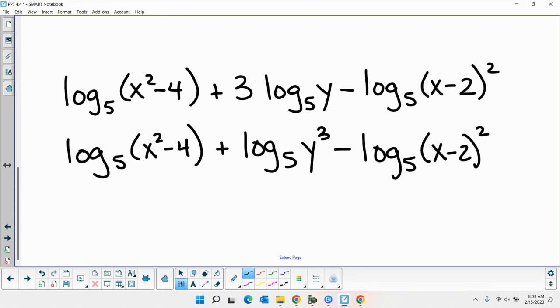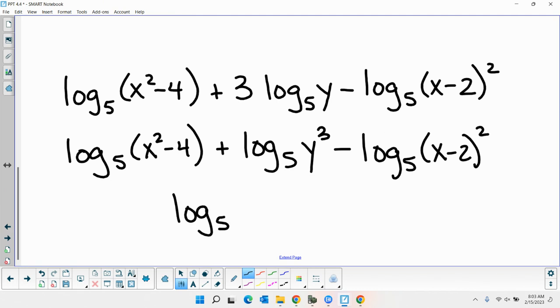That already had the 2 up there. All right, so when I start condensing this, what's going to happen with these 2? Multiply, but what am I going to do with this one? Divide, yeah. So it's going to be log base 5.